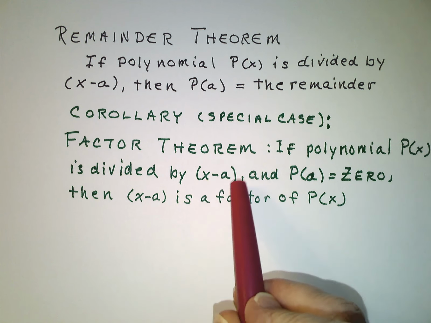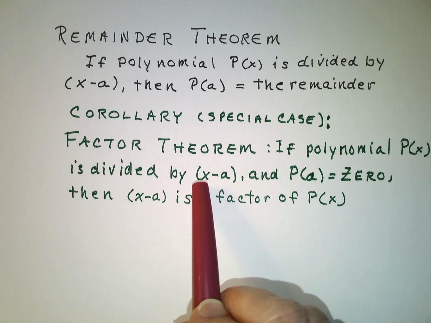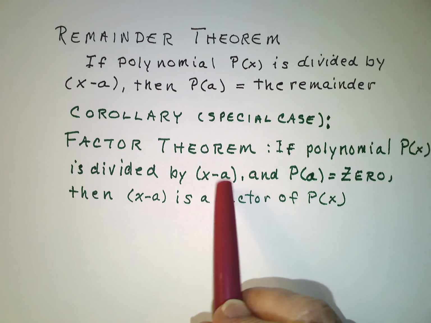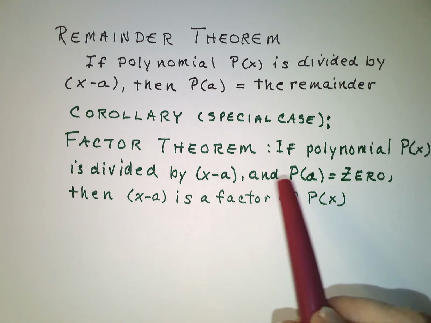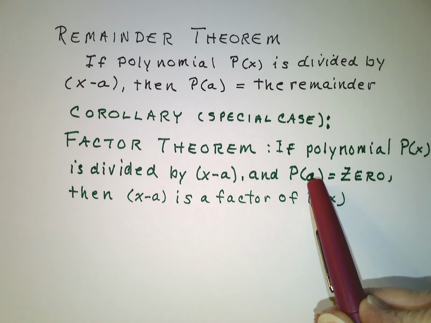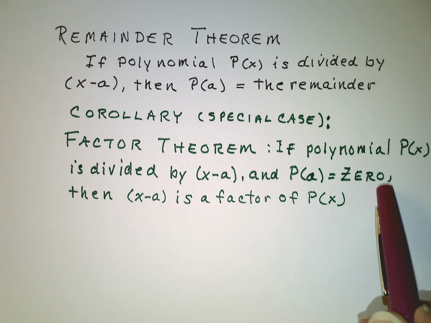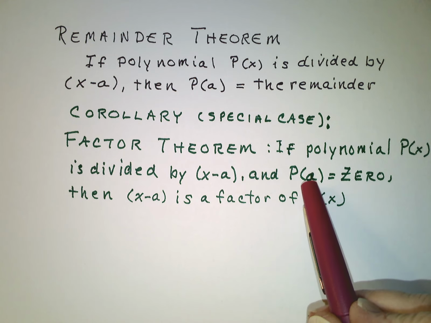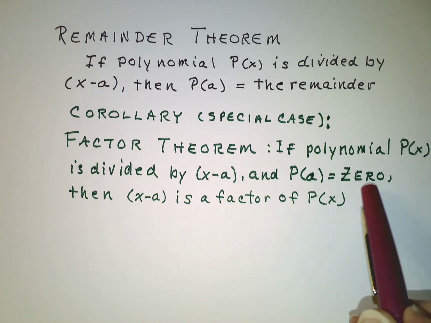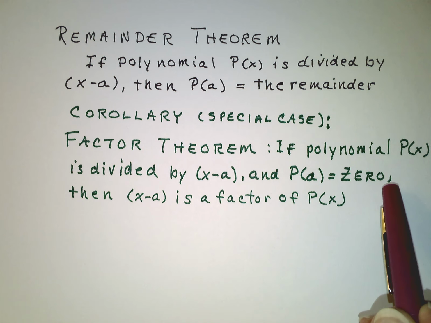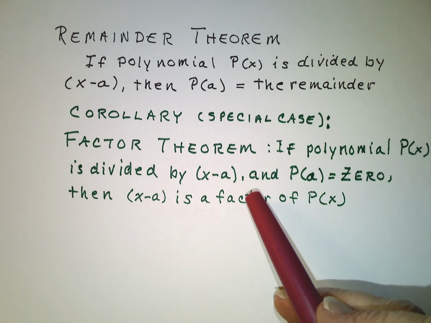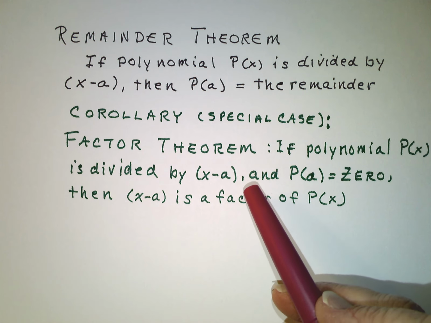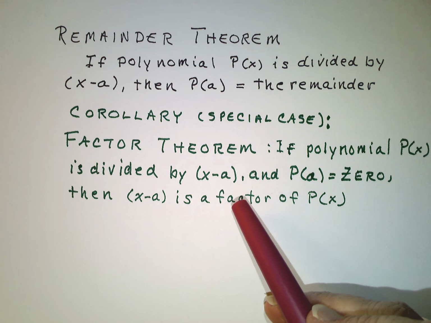So if we divide by a two-term factor whose leading term has a coefficient of 1, and we stick the number in the polynomial and it comes out to be 0, well, values that make the polynomial come out to be 0 are the roots, the zeros, the x-intercepts. So if this theorem can give us a short way to find out whether it's going to work without doing all the division, it will save us time.